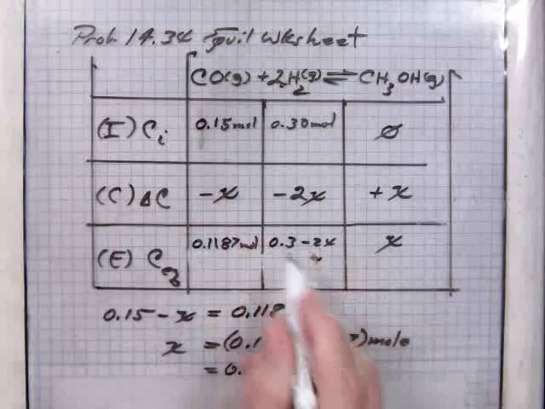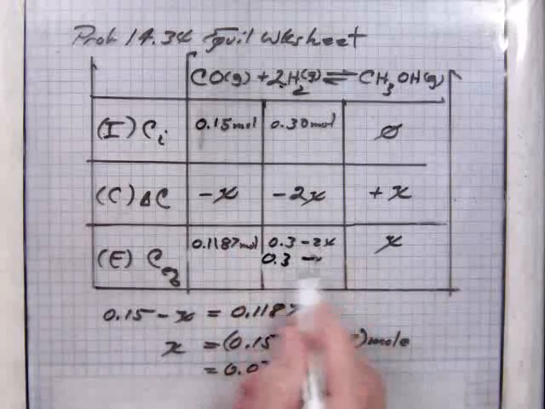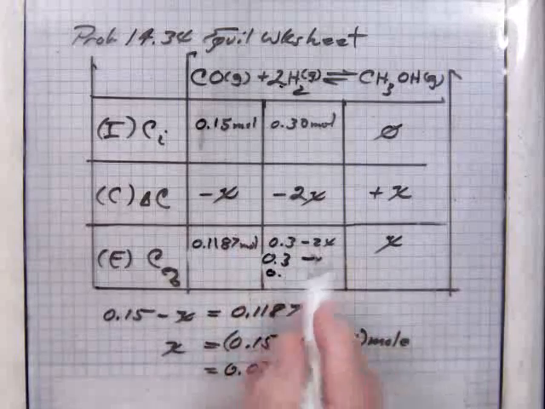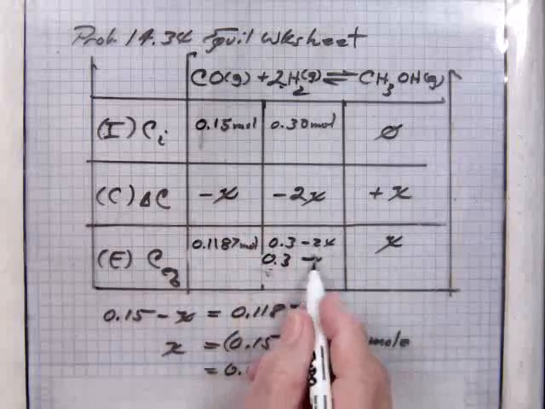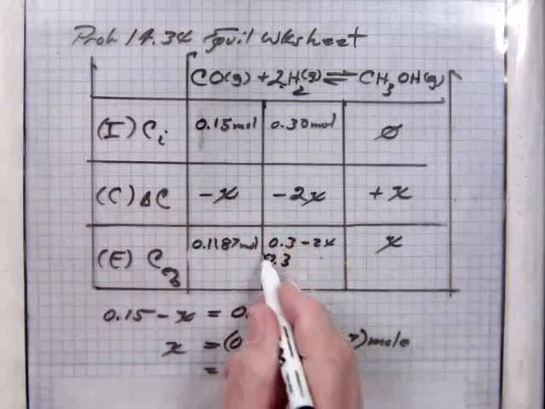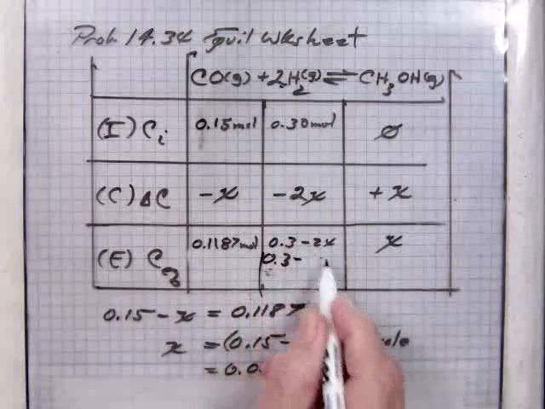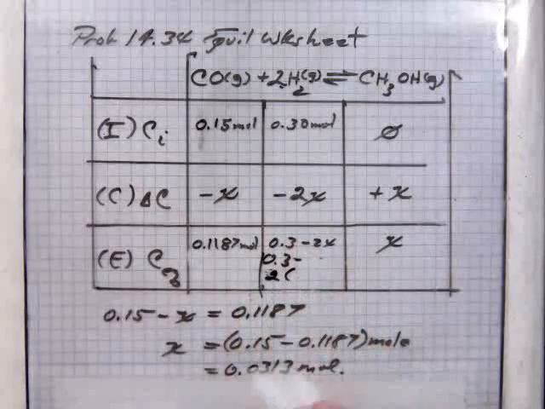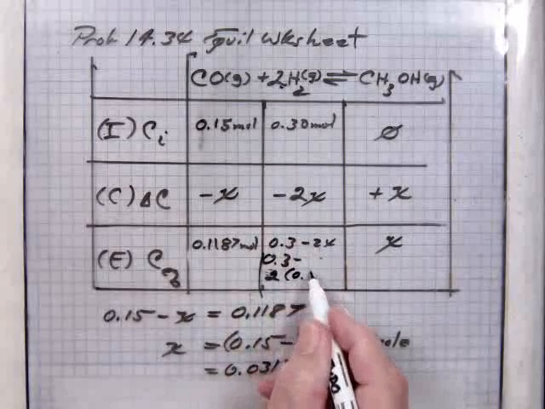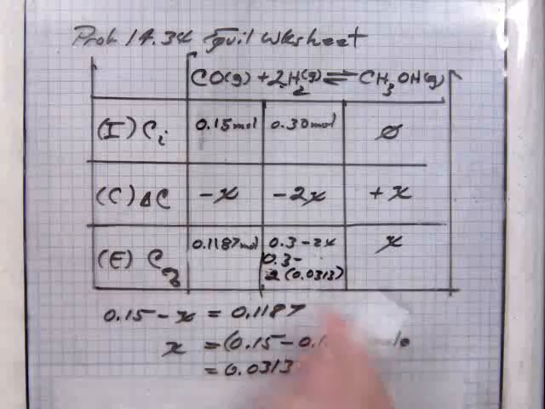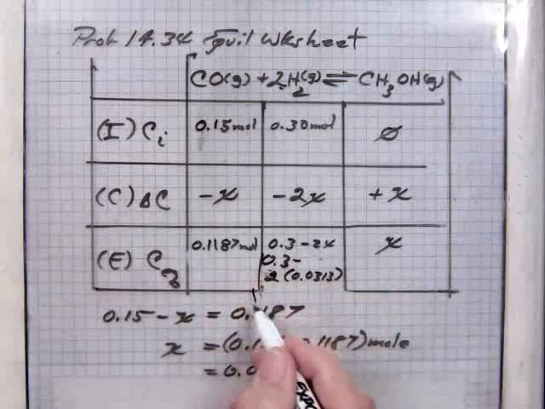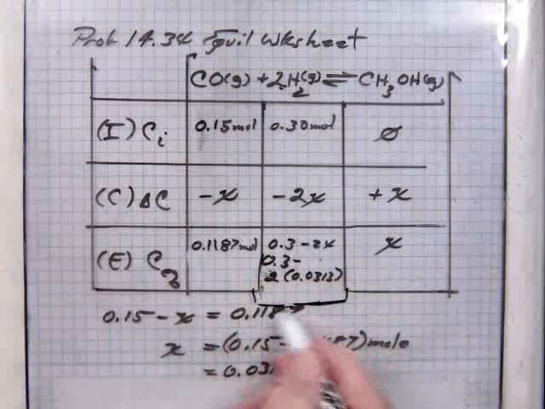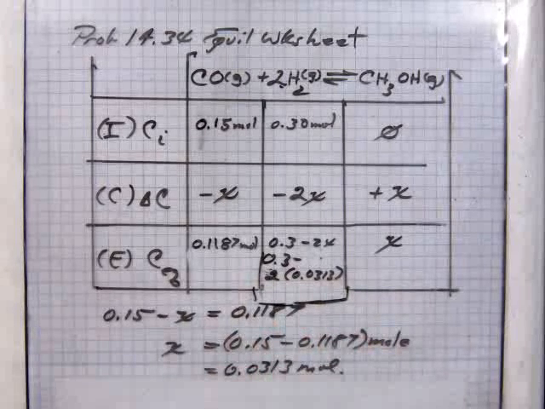Let's see if I can get it in here. Yeah, it's making a mess. 2 times 0.0313, so what is that?